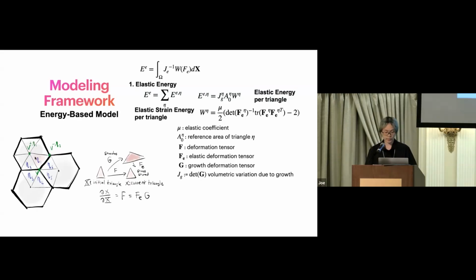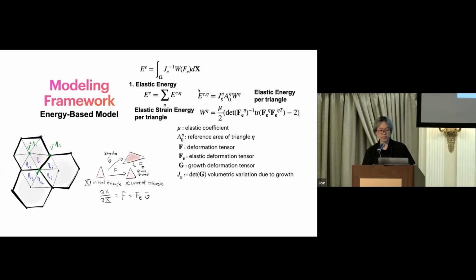The total elastic energy is the sum of the energy for each triangle. For each triangle, the elastic energy is represented by Jg times A0 times W. Jg is the volumetric variation due to the growth, A0 is the reference area of the triangle, and W here is the elastic strain energy per triangle.